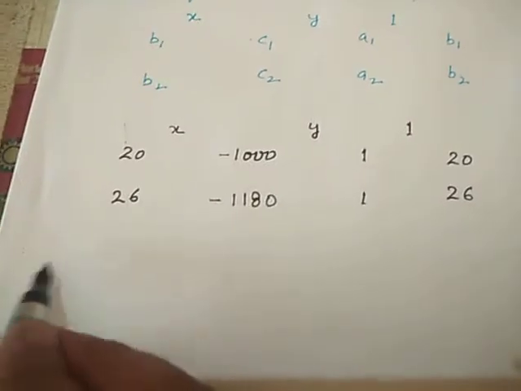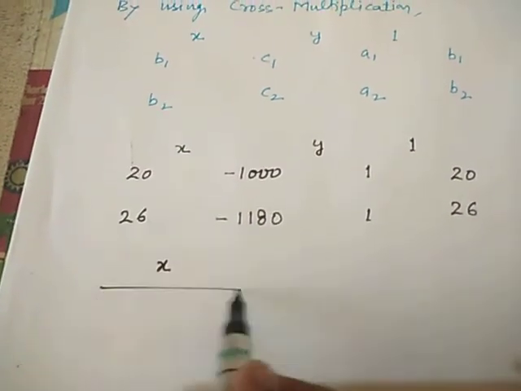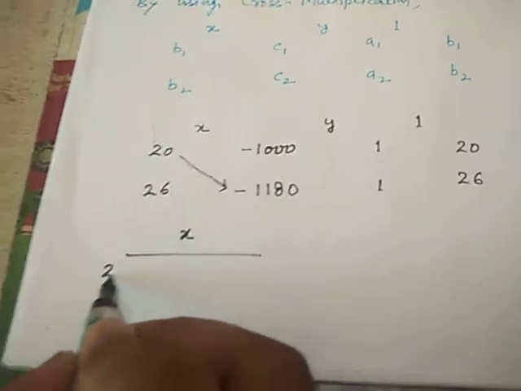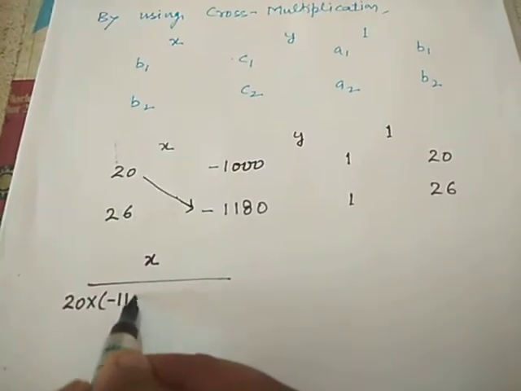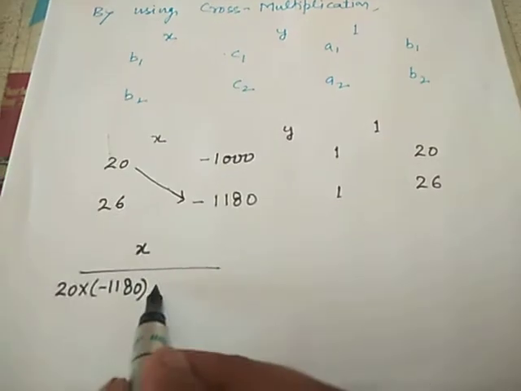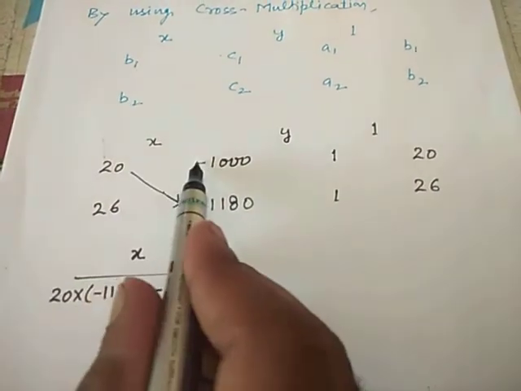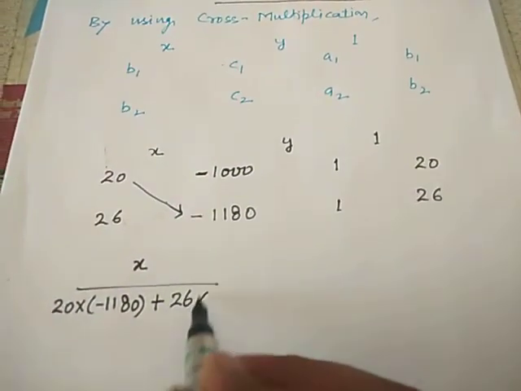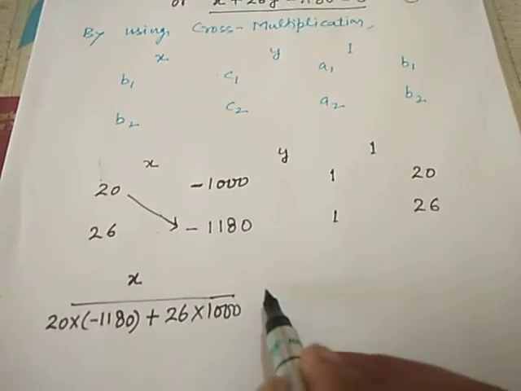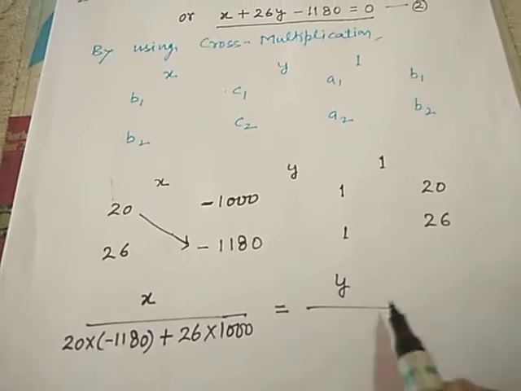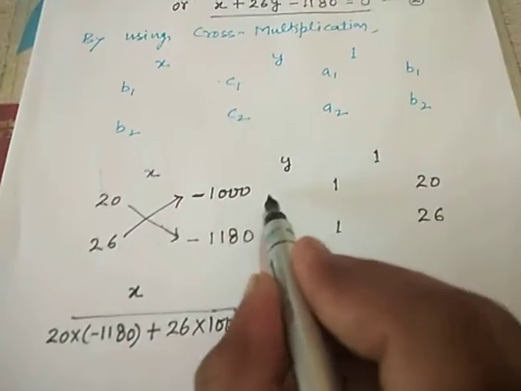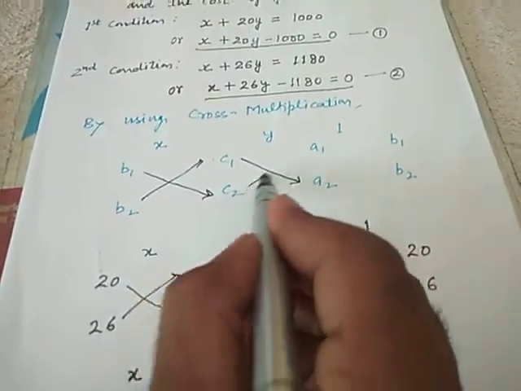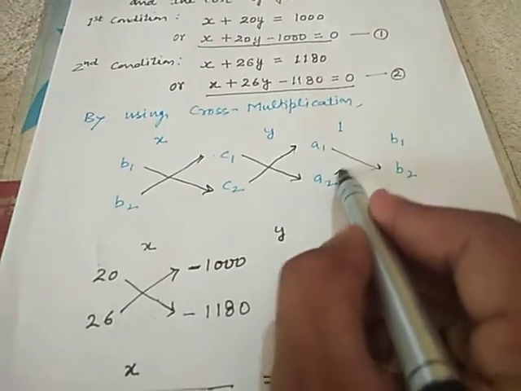So on solving it further, x upon this into this, it will be 20 into minus 1180, and here is minus in formula, but here is already minus, so minus into minus plus 20 into 1000, is equal to y upon this minus this, and 1 upon the product of this minus this.